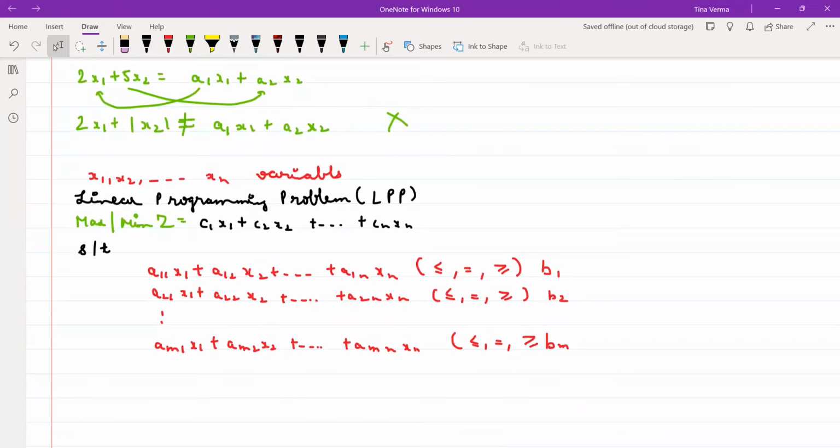When you are considering some problem, you are considering the variables, right? So should there be any restriction on the variables as well?